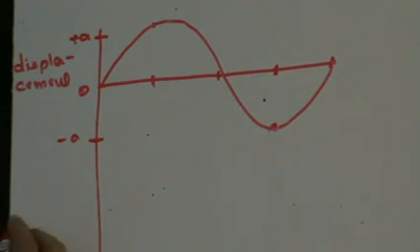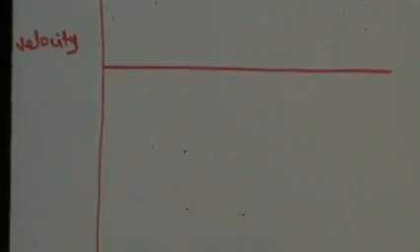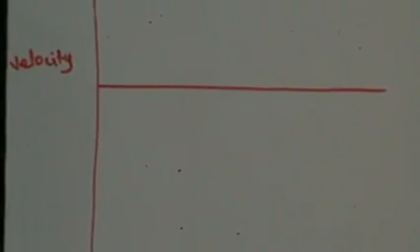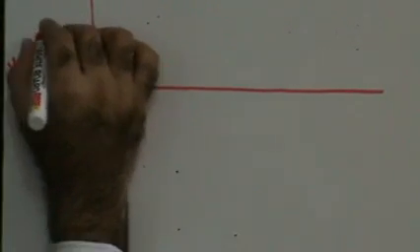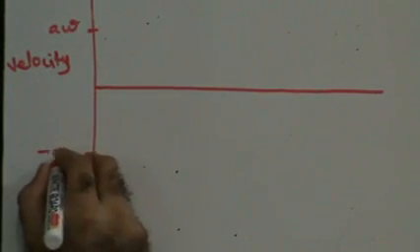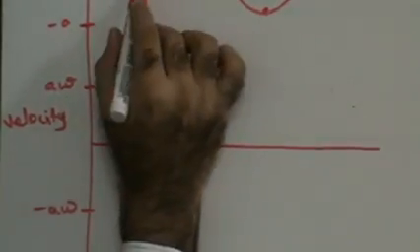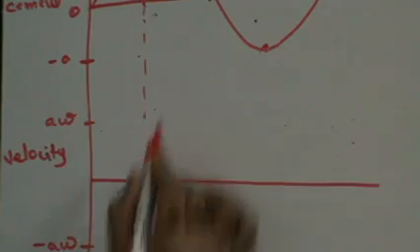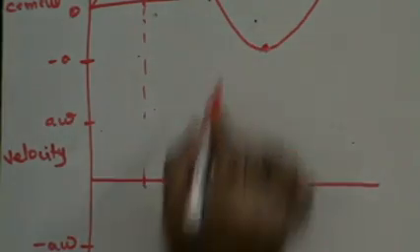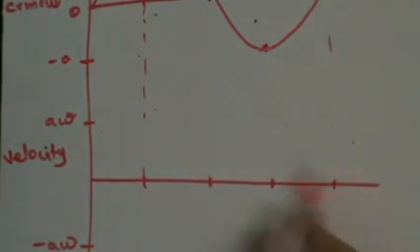Next, let's draw the velocity curve. Now the velocity curve, let's draw 0 first. The velocity curve varies between A omega and minus A omega. This is A omega and this is minus A omega, right? So this is going to be 90, 180, 270, 360.